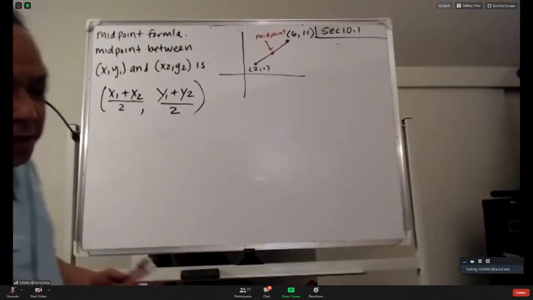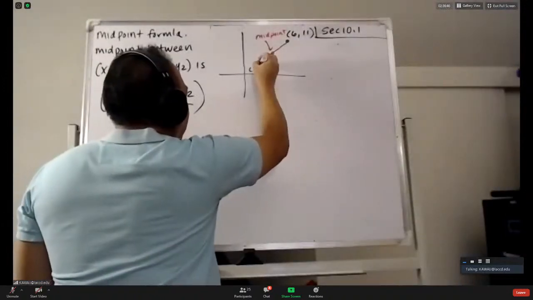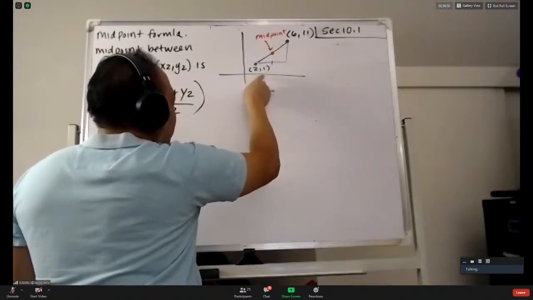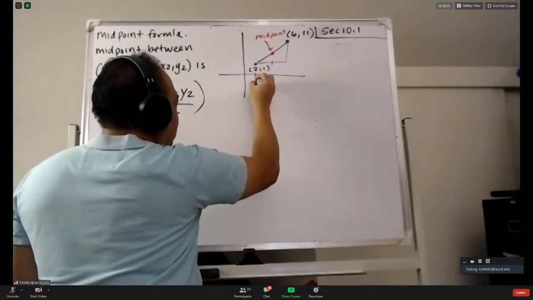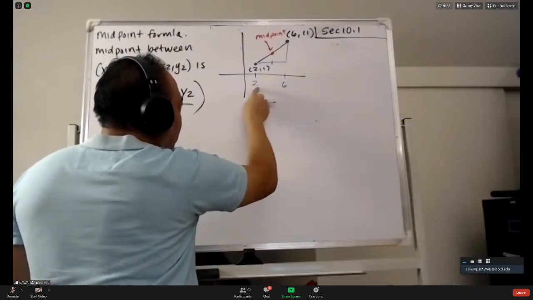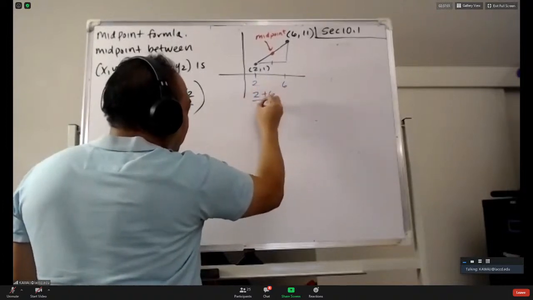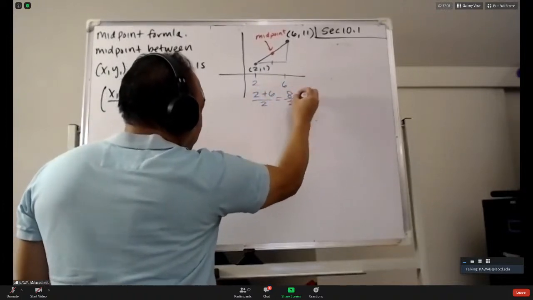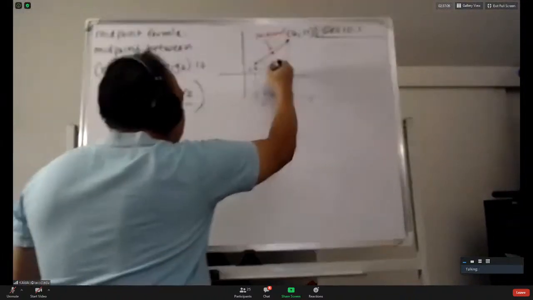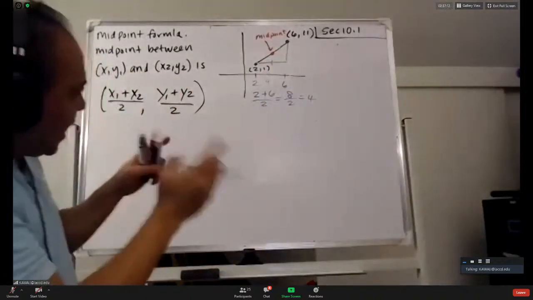To find it, you find the average value of the x values. This is 2, this is 6. The average gives you the middle of these two numbers. 2 plus 6 divided by 2 is 8 divided by 2, which is 4. So 4 is the middle between the two x values.